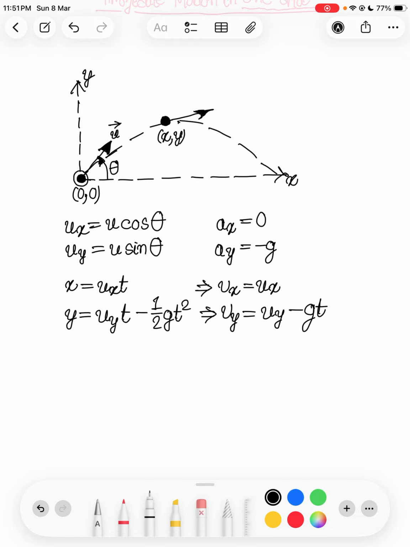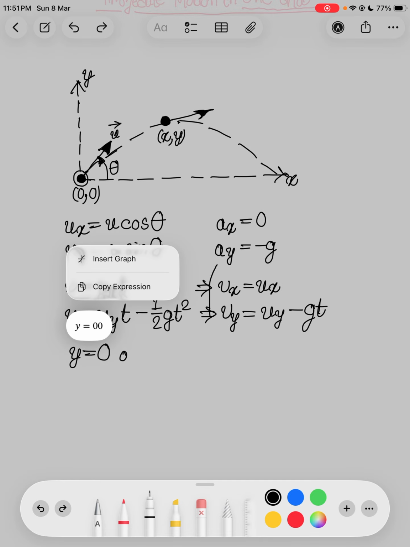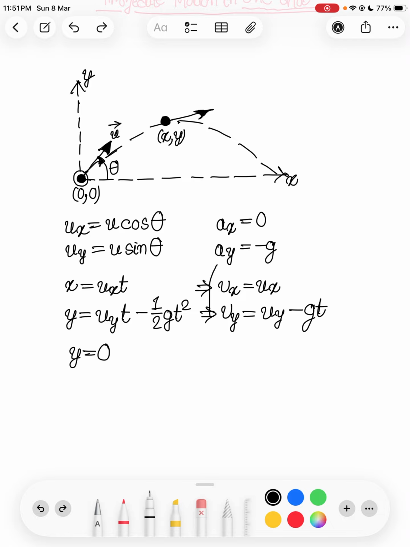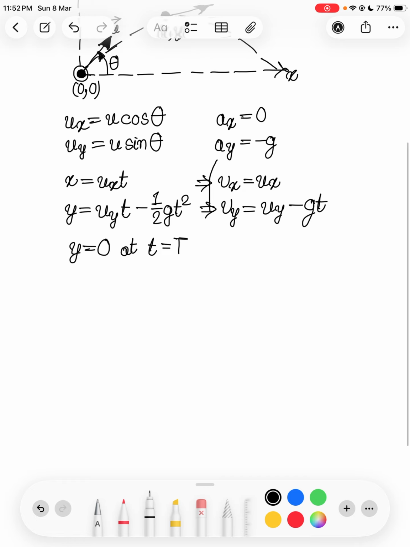Now let's get straight into the calculation of the time of flight. Let's denote the time of flight by capital T. We know that at landing y is equal to 0, at t equal to capital T. So we can write t into (uy minus gt by 2) is equal to 0.